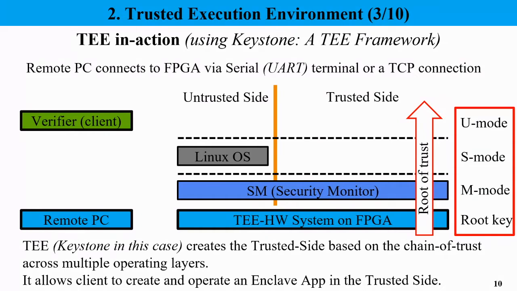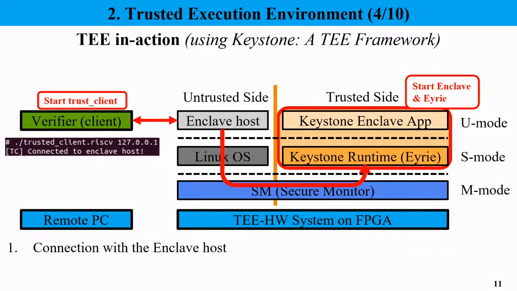From here, the execution and boot procedure must be signed using the root keys for the different execution modes. So it travels through machine mode, then supervisor mode, and finally user mode. So the SDK allows them to actually create applications on the trusted side.